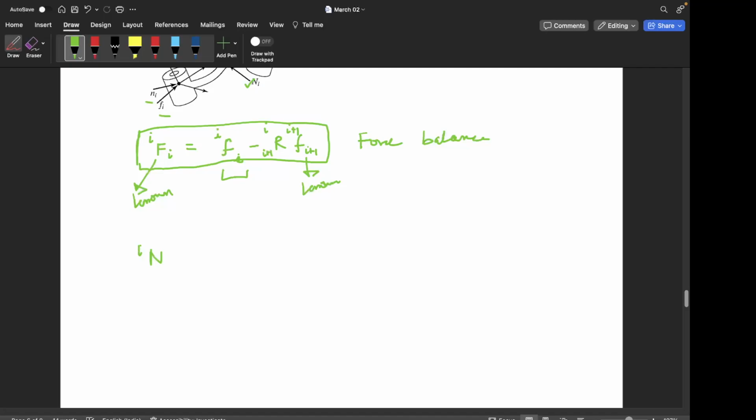Now the moment balance will give us the torque on the center of mass, which we know.